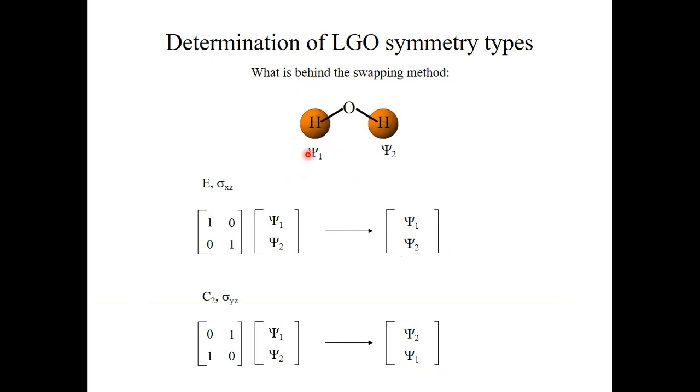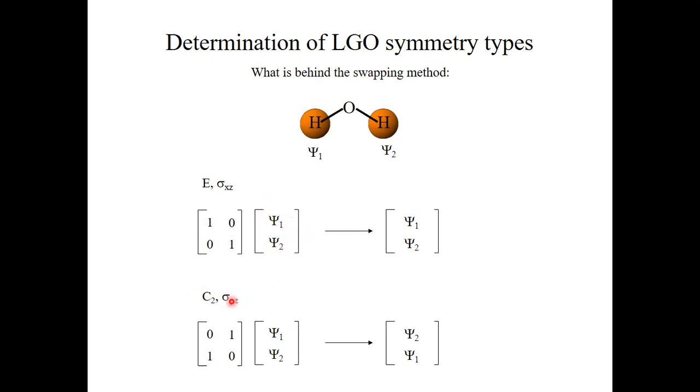So we can describe the positions of the two wave functions, psi1 and psi2, by a matrix that contains these positions. Now as the symmetry operation is being carried out, the positions either change or they don't. In the case of the identity and sigma xz, they don't. Therefore the final matrix after the symmetry transformation is the same as the original one.